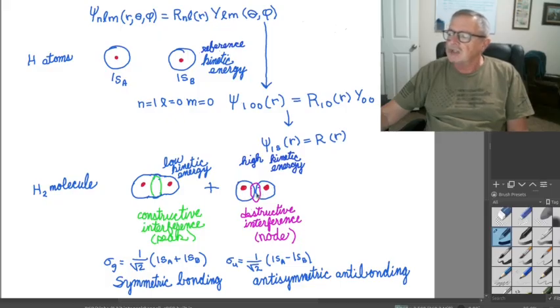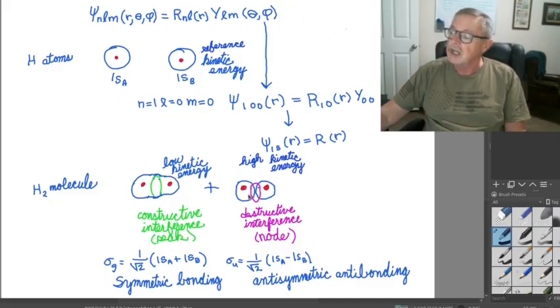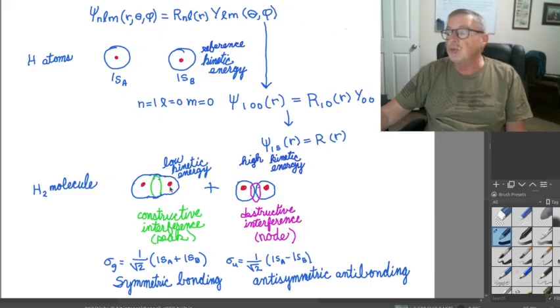Now, if an electron is attracted to the molecule, it has to make a decision. Am I going to go this way or that way? Well, I think you can understand from the way nature works, it's going to tend toward the lower kinetic energy. Now, that's with one electron, where we have an H2 positive ion.